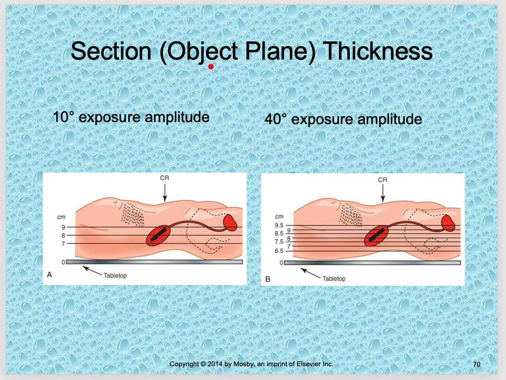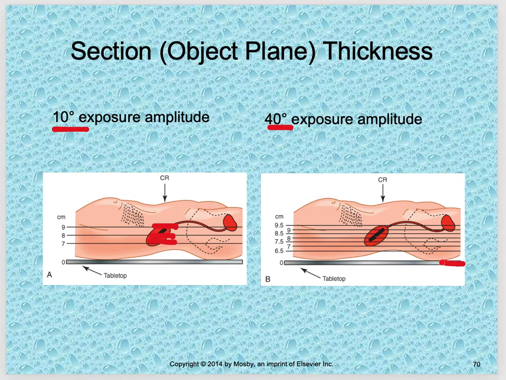And then your object plane thickness: a 10-degree exposure amplitude and a 40-degree exposure amplitude. So at 10 degrees, you're moving less degrees. Say you're taking 3 images, one at 9 centimeters, one at 8, one at 7. At 40, now you can take 9.5, 9, 8.5, 8, 7.5, 7, 6.5.